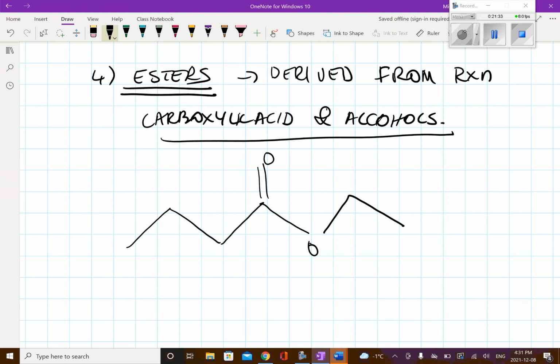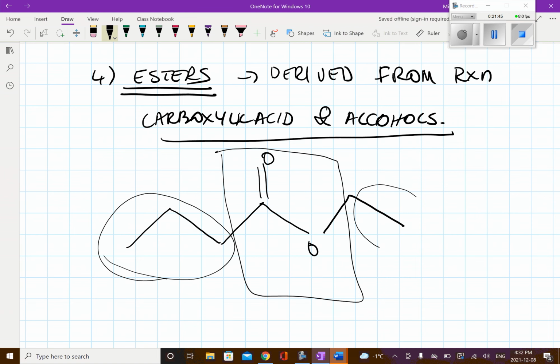So you will have something like this, where the ester part will be in the middle. We have a hydrocarbon here and a hydrocarbon here, and in the middle is the functional group. And as you see, the group is CO. So this will be the ester.